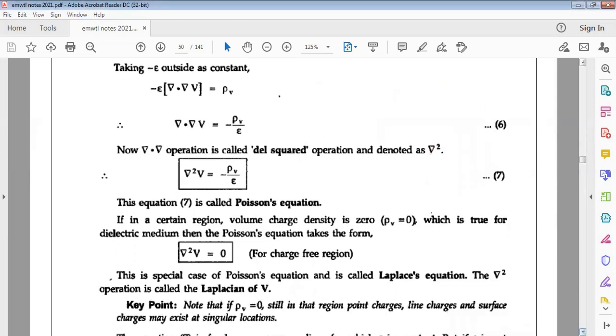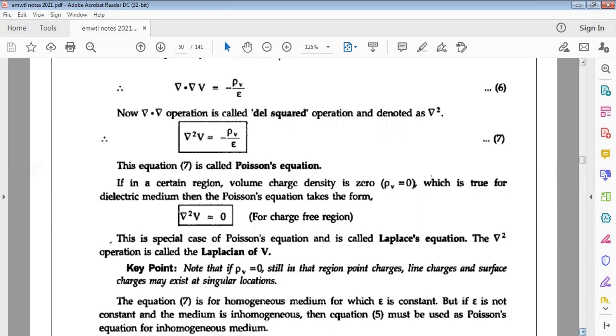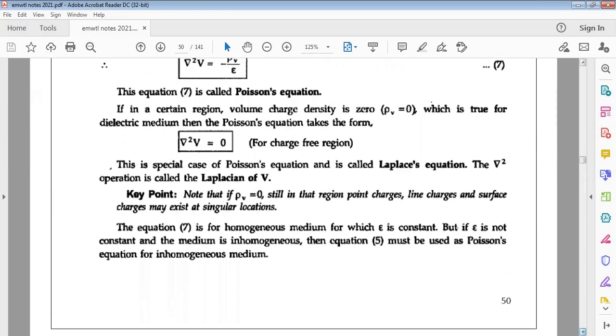The Laplace equation is the Laplacian of V, or del square V, equal to 0. Note that although rho v is 0 in that region, point charges, line charges, and surface charges may exist at singular locations. You can say rho v is equal to 0.